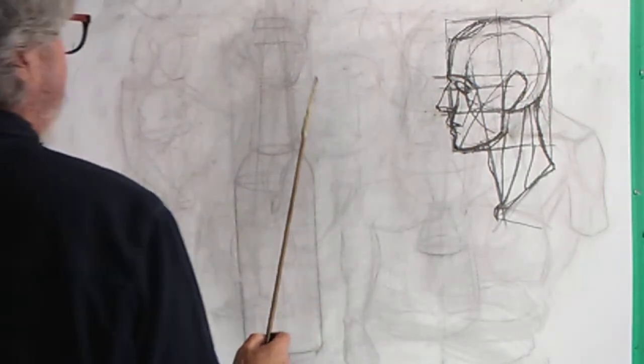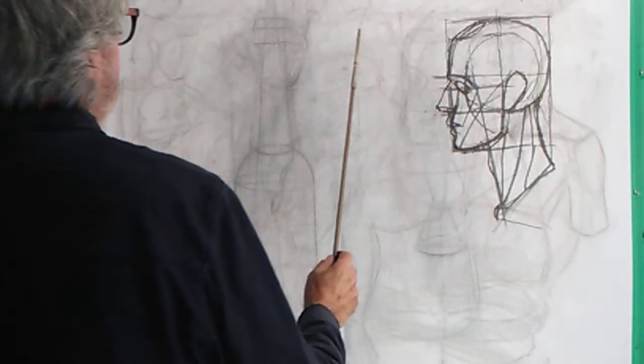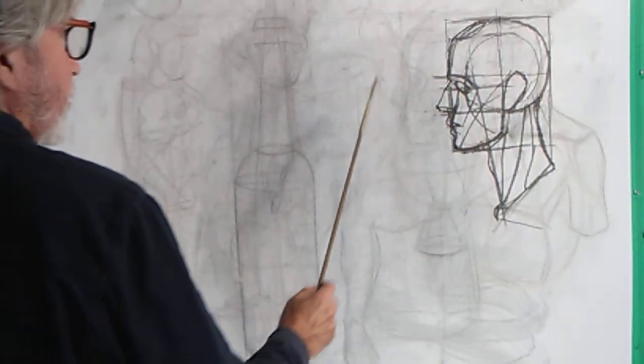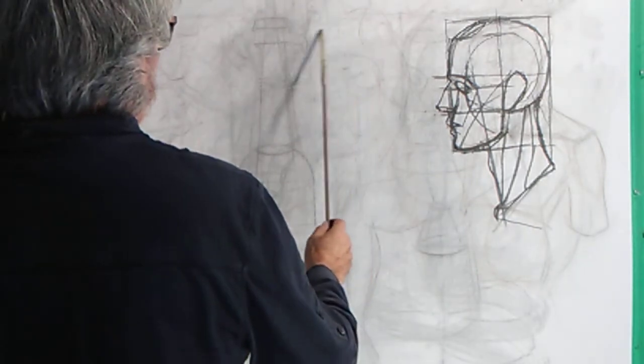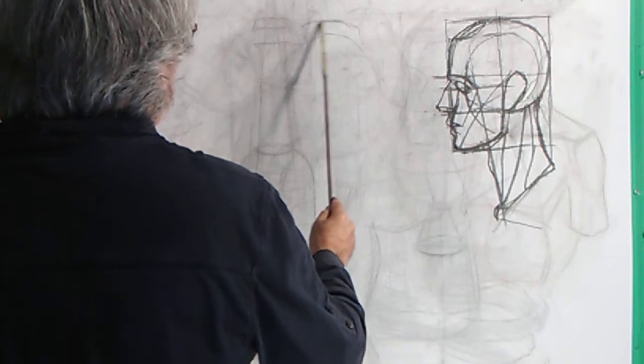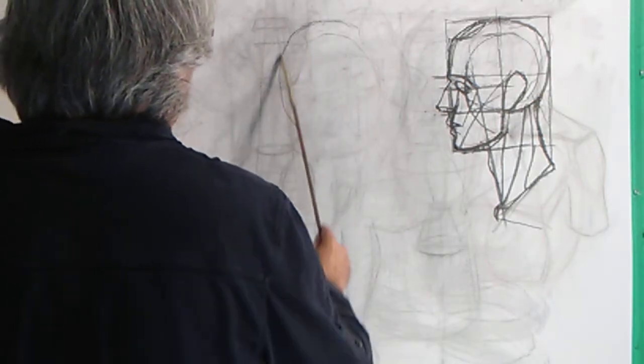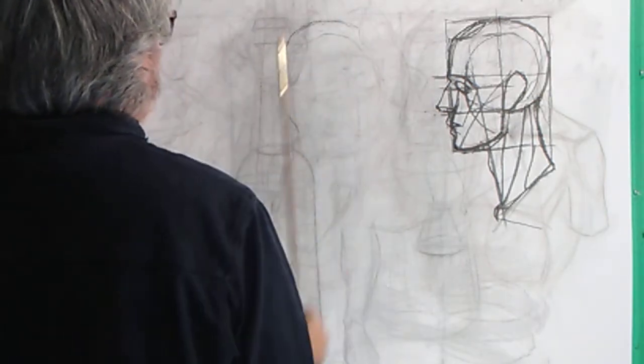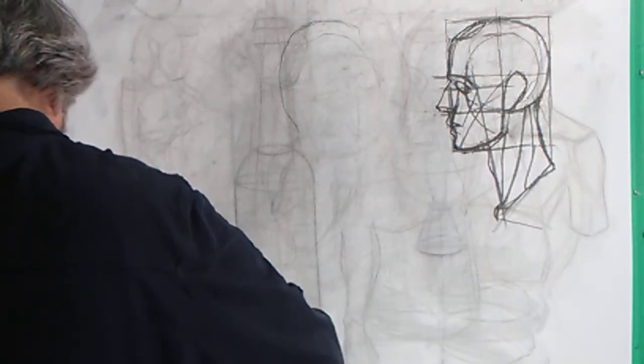Now, the next one is what I want to place. I think I'll do him somewhere over here, because we're going to think about a front view. So I'm going to start off again with a circle, and I'm going to keep it kind of large once I get my charcoal in place.